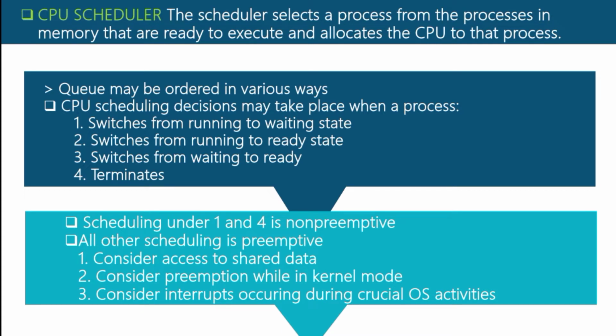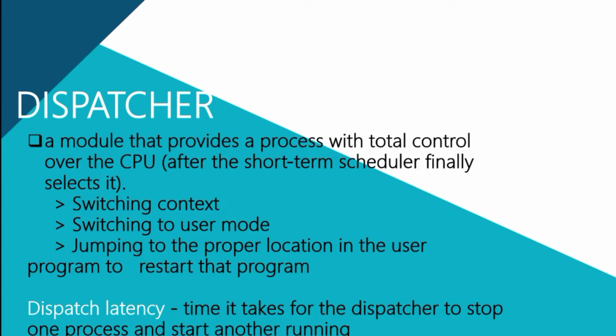While also, there are some CPU scheduling algorithms that use preemptive when it is considered the access to share data, and also consider preemption while in kernel mode, and also consider interrupt occurring during crucial operating system activities.